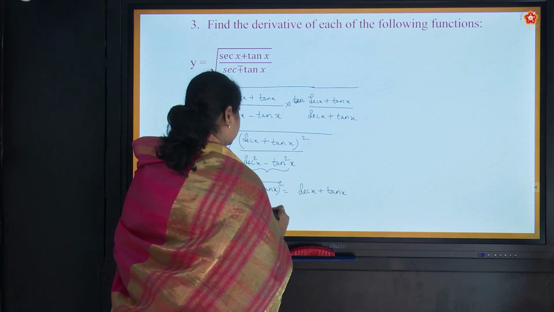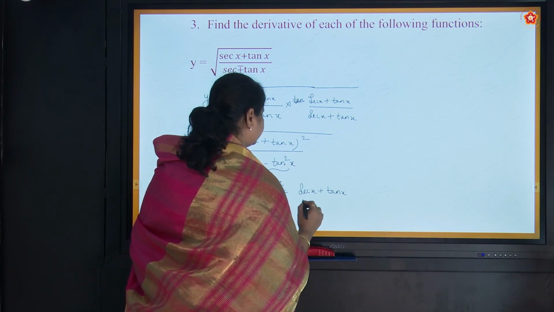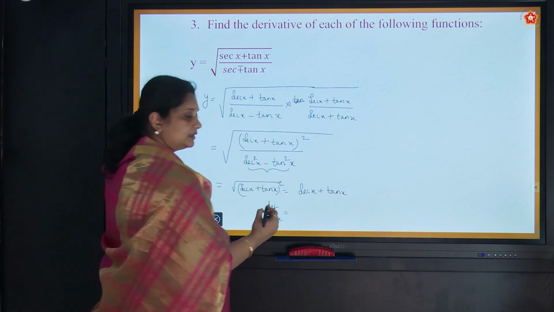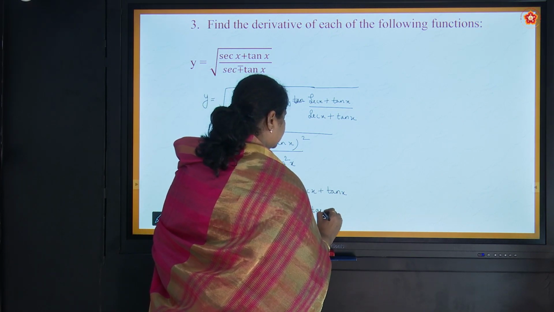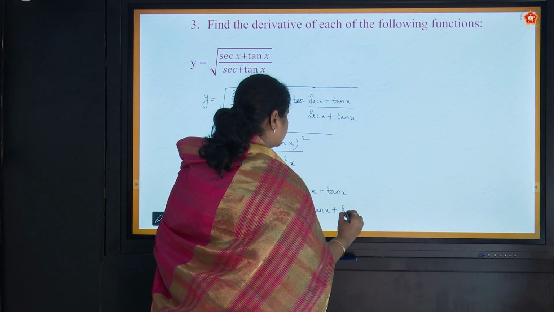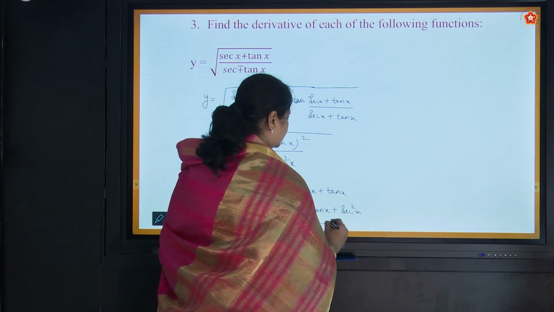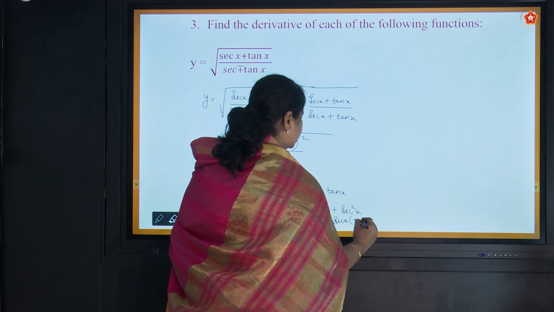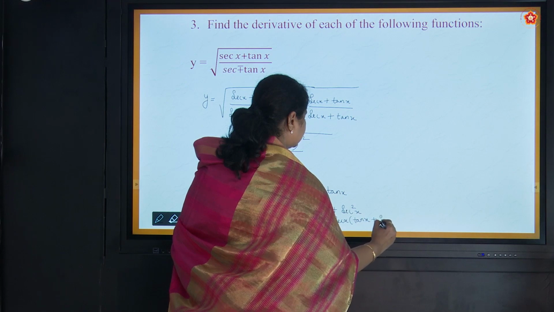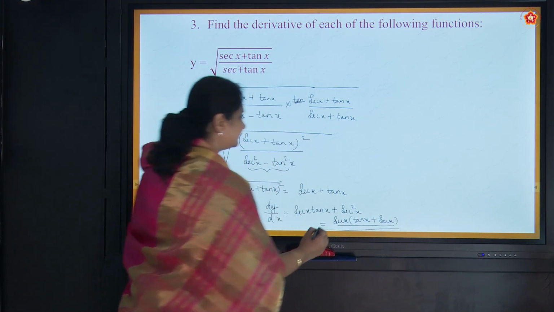So your dy by dx is going to be, when you differentiate secant x, you get secant x tan x, plus tan x on differentiation gives you secant square x. Now how do you go ahead? You take secant x common outside, you get tan x plus secant x. So this is your final derivative.